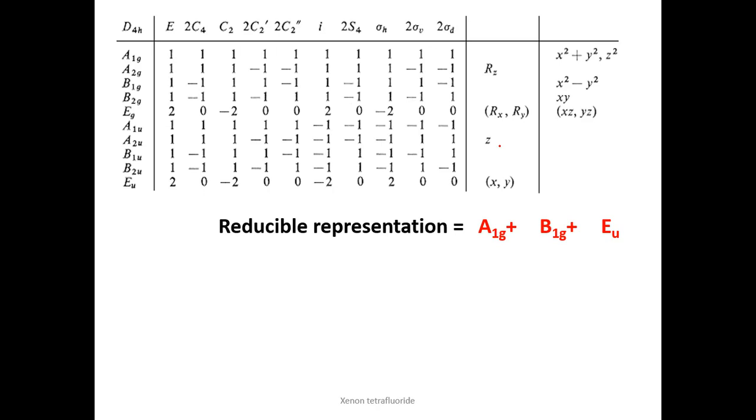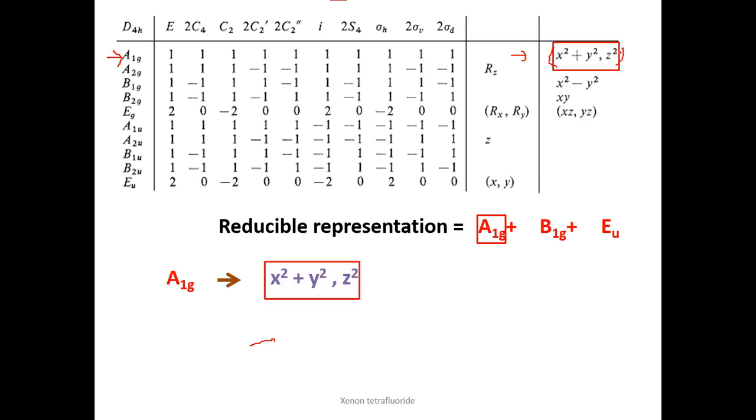Now let us take the reducible representation A1g. First, take the case of A1g, and look at the terms opposite A1g. They are x squared plus y squared and z squared. If they are present, the orbital is s orbital. Next we go to B1g and look at what is written opposite to B1g.